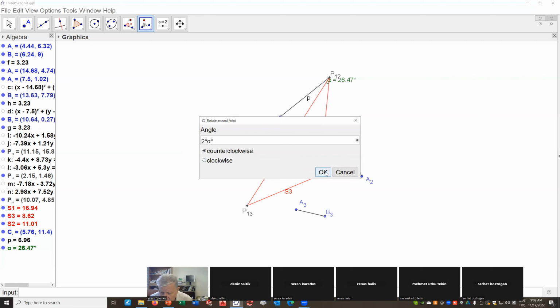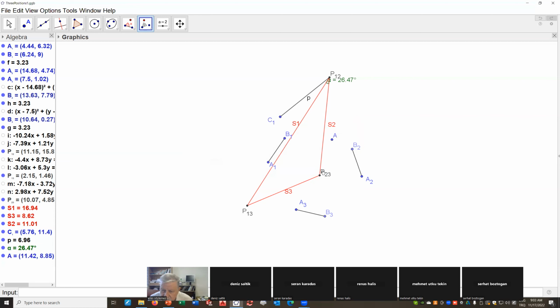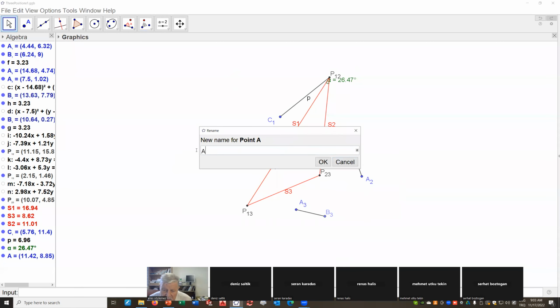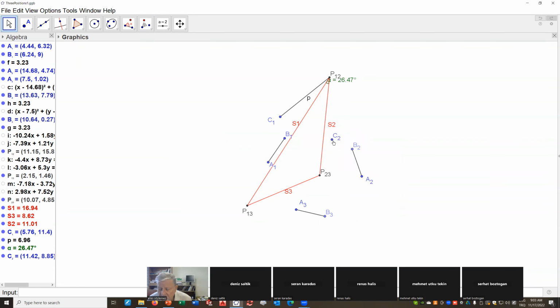That's a counterclockwise rotation. Yes, here. You can see that, okay? I will hide this. This is going to be, rename it as C2. I will hide this.